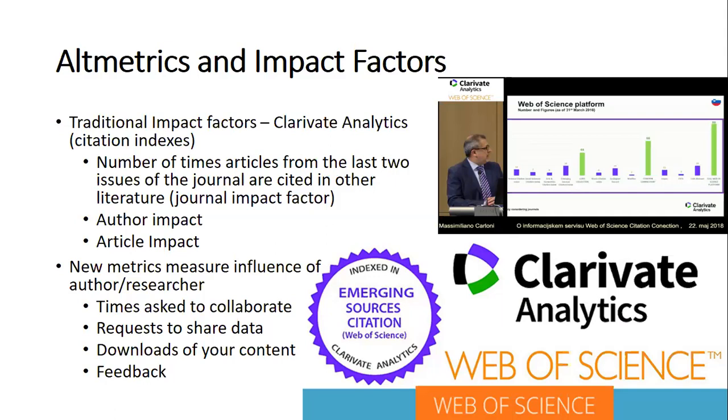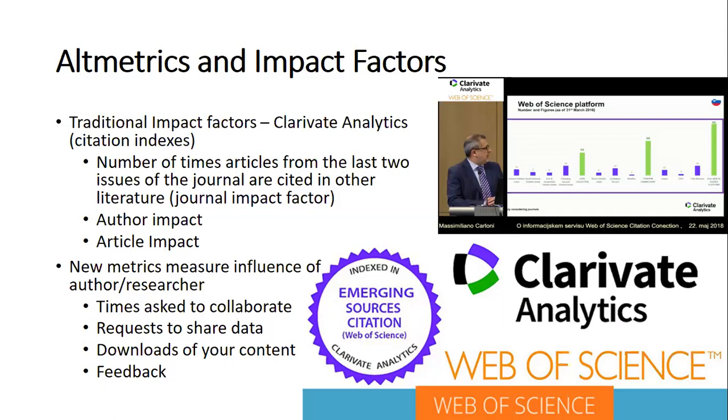But there are new metrics which can be used to measure all kinds of impact that your research has in the online world. They're called altmetrics. It's a measure of the amount of exposure based on web activity.